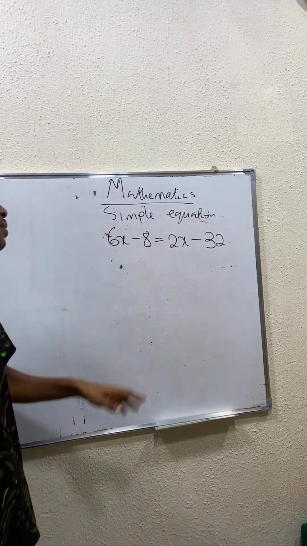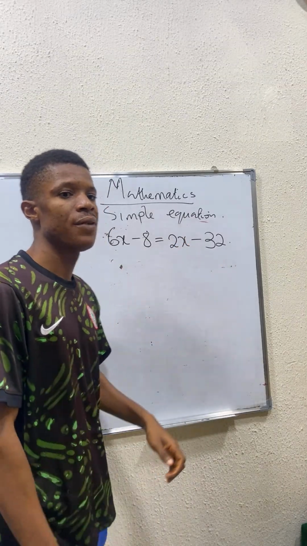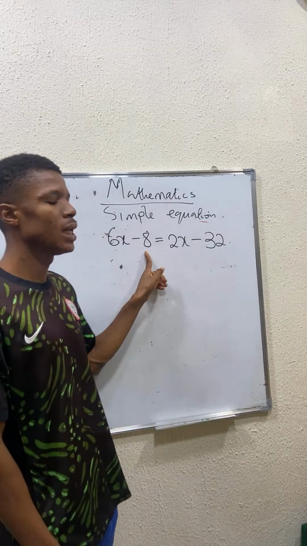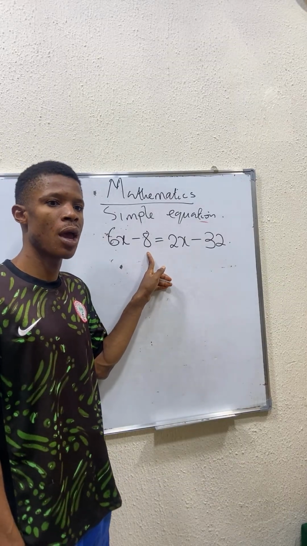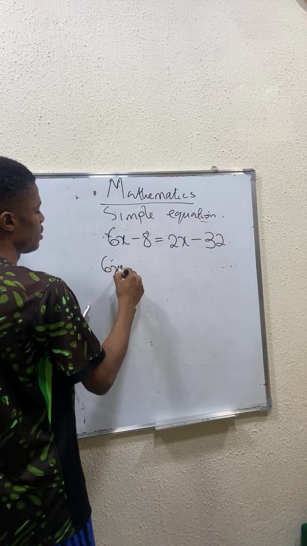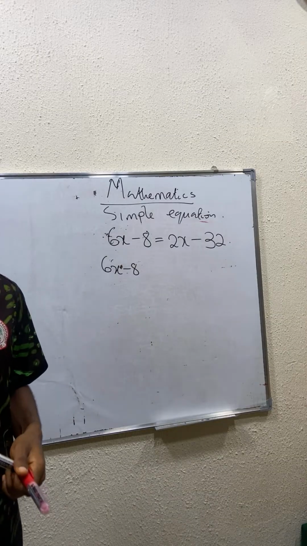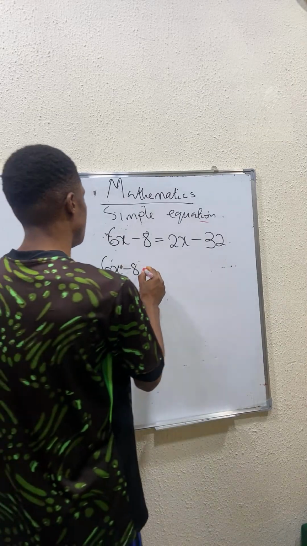Since we have 6x minus 8 is equals to 2x minus 32, the first step is collecting like terms. With 6x minus 8, what should we do? We need to add 8 to both sides.